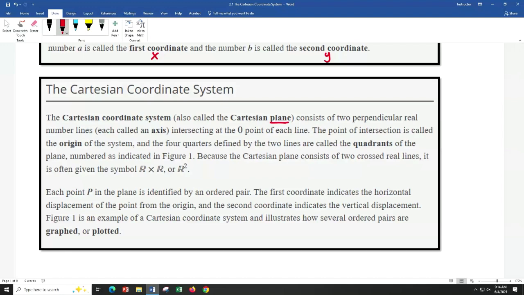You know this, intersecting at the 0 point of each line. What is that 0 point? Center. What is that guy called right there? Intersection. Origin. So when you hear that word origin, you know it's (0, 0), okay? That's it right there.